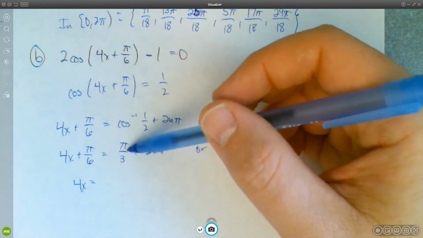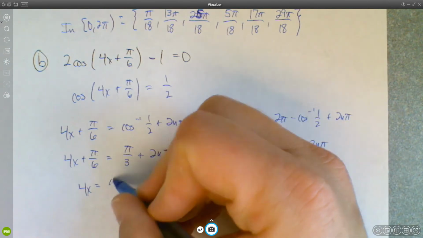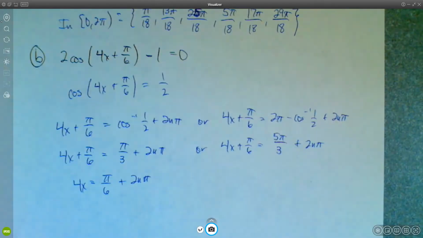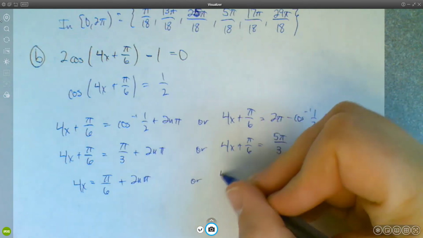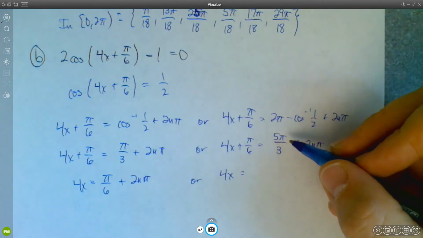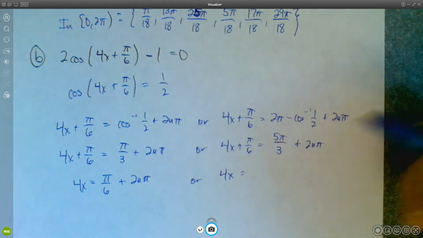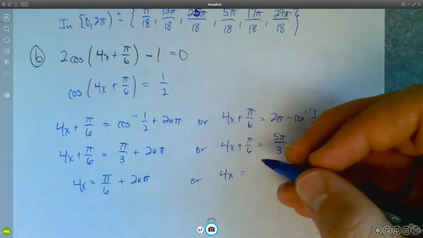We're just going to get pi over 3 minus pi over 6 is pi over 6 plus 2n pi, or 5 pi over 3 minus pi over 6, oh goodness, this would be 10 pi over 6. 10 pi over 6 minus pi over 6 is 9 pi over 6, which reduces to 3 pi over 2.